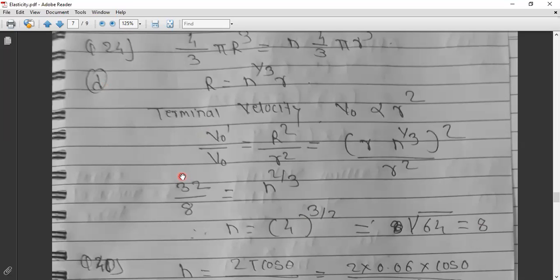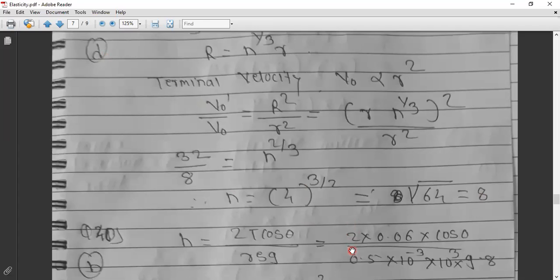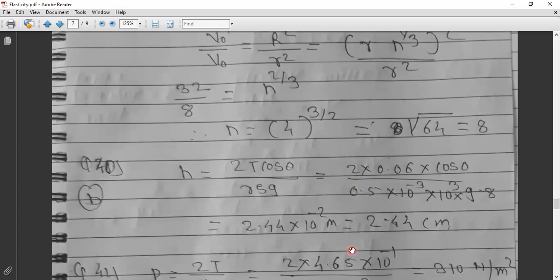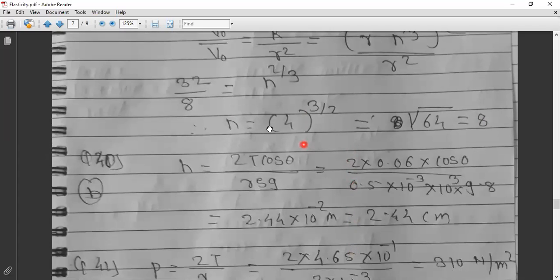Next, we'll see the next question, which is related to the next topic, that is surface tension. That is question number 40. Again, this question number 40 is related to capillary action. So what is the question?